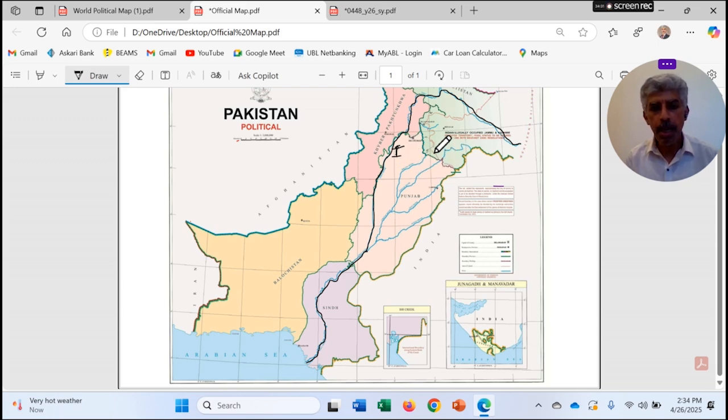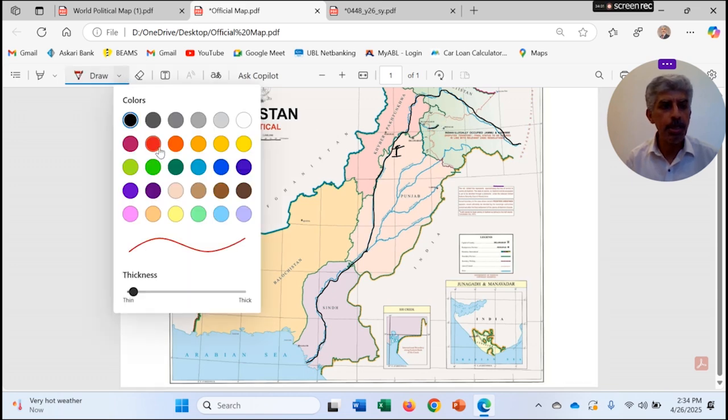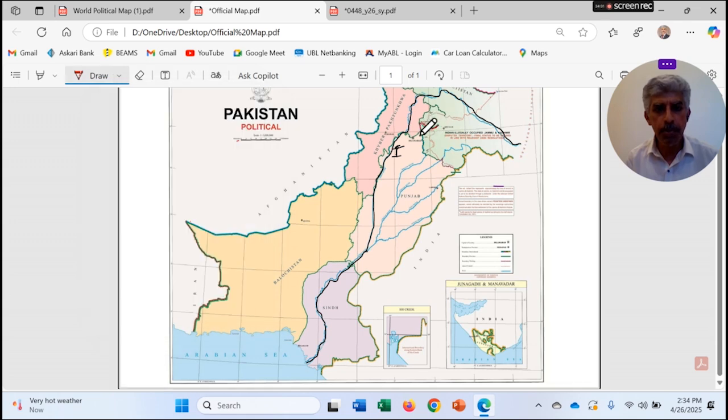And again Kashmir region, here you can see from here it originates. Let me change the color. It originates from Kashmir region and then enters Azad Kashmir and enters Punjab close to Dina, Jhelum, and this is river Jhelum, flows downwards and joins river Chenab over here.